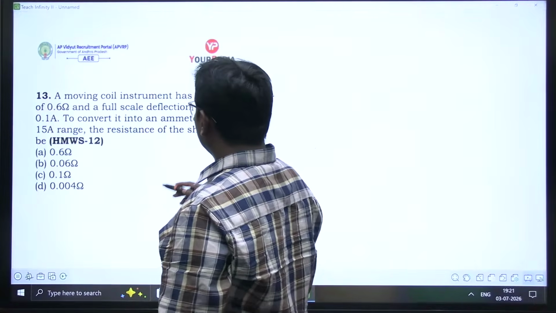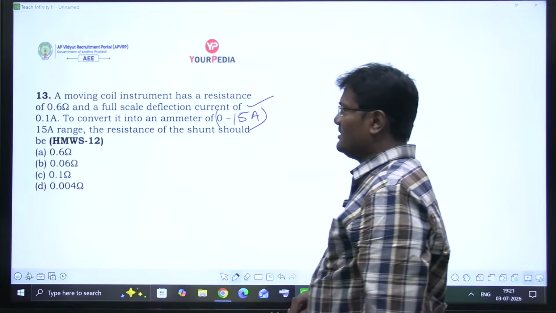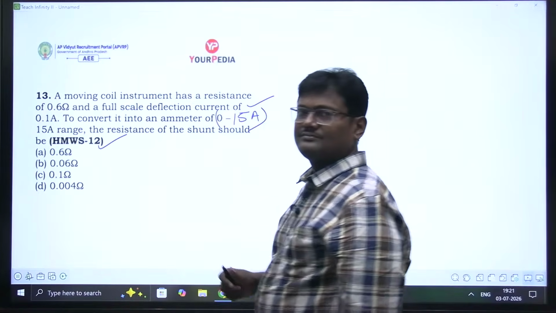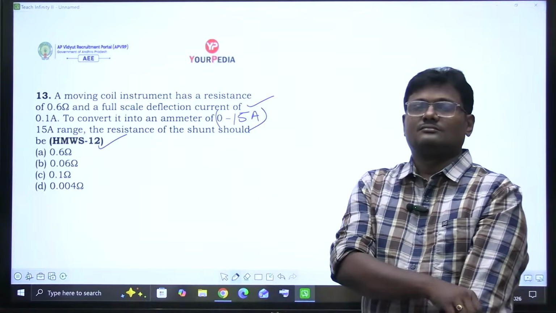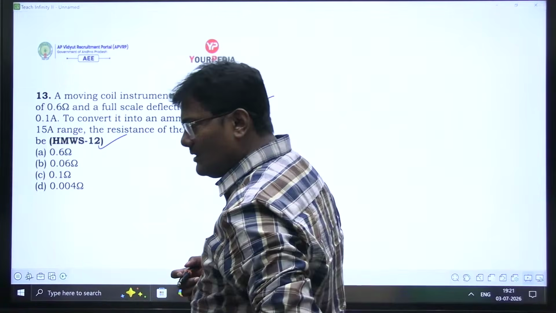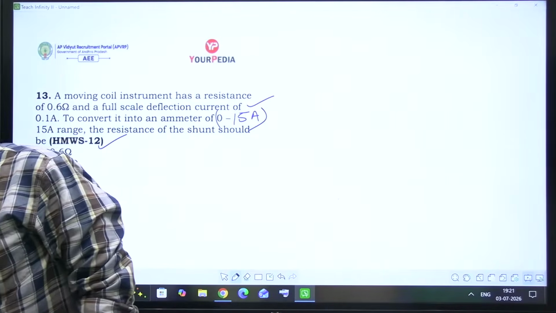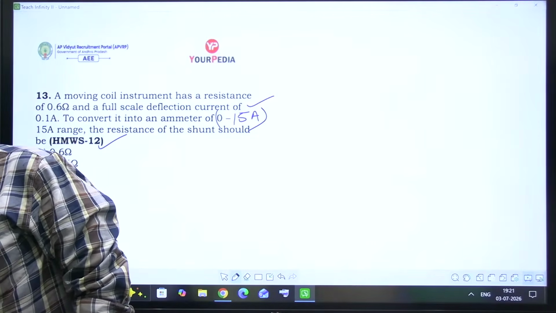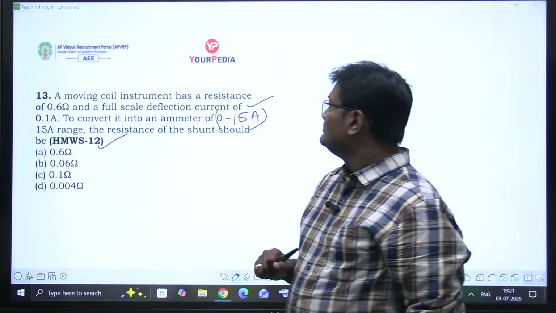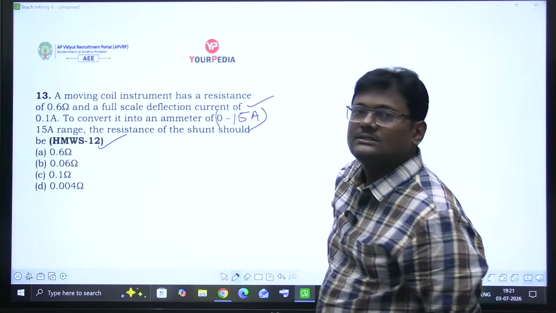To convert it to an ammeter of 0 to 15 amperes range, the resistance of the shunt should be... So solve it. What is the answer for this one?